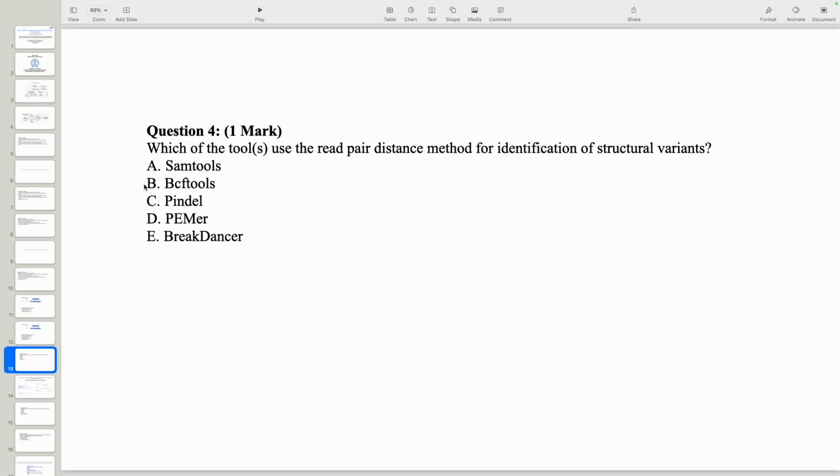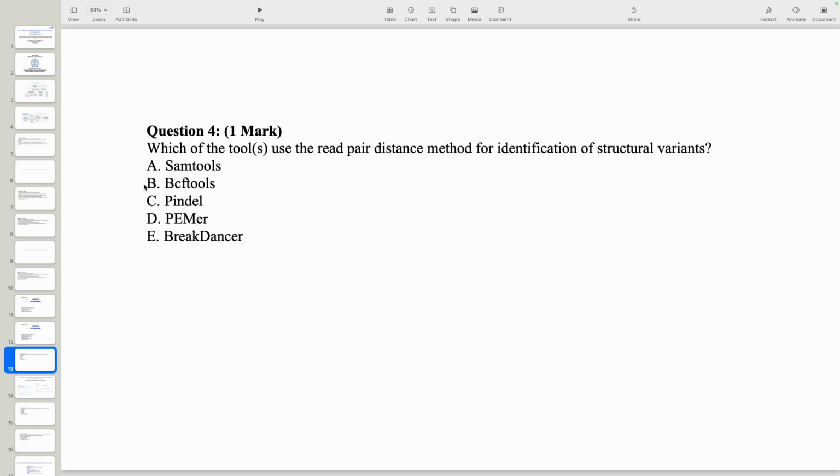So basically what we are doing here is, if some insertion has happened in the genome, when we compare the read length, there are two conditions: in one, insertion has happened, and in the other, insertion has not happened.